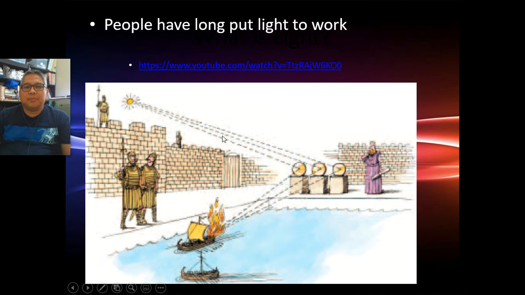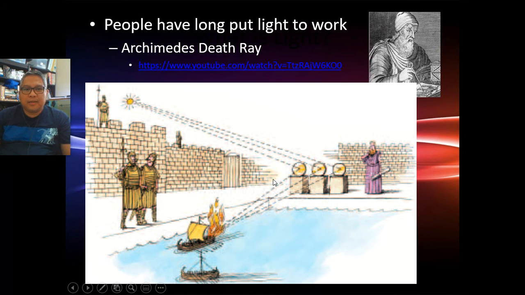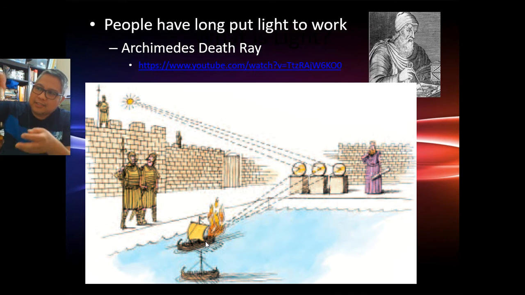So now looking at this picture here, this is Archimedes' death ray. So basically, what this does is it will reflect the light coming from the sun, obviously, and then concentrate it on one area, more like the magnifying glass, and I'm pretty sure that most of you have used that to burn something, because the magnifying glass gets the sunlight and concentrates it at a certain point, and that point will start to burn because of the intense amount of heat and energy received, right?